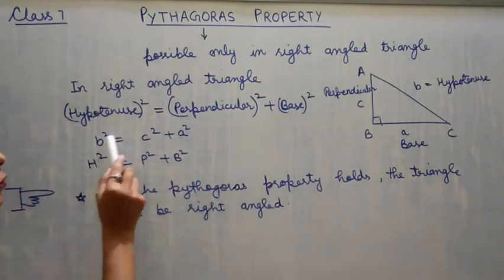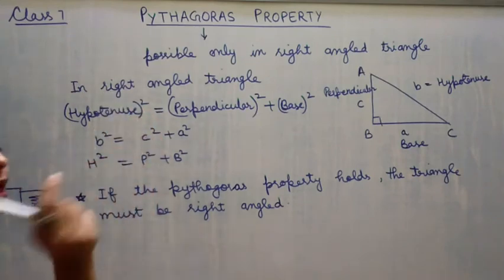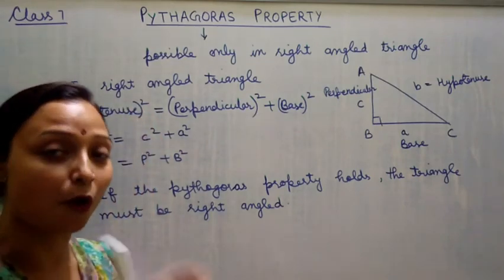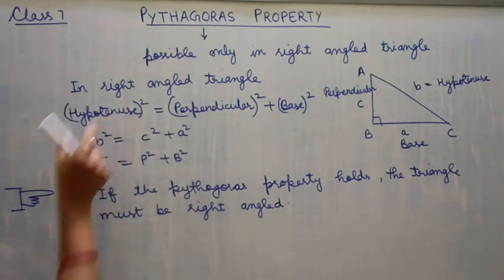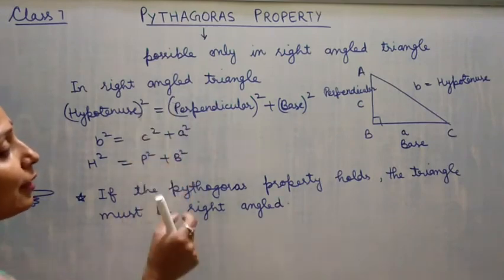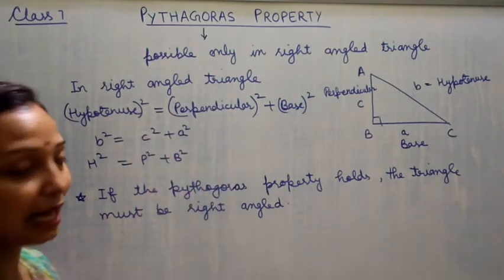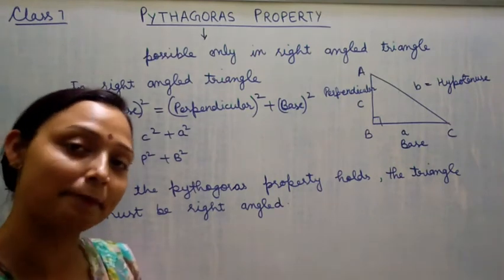That means b square is equal to c square plus a square. I will take a nickname, as you all have your nicknames: h is for hypotenuse, p is for perpendicular and b is for base. I will write HPB, hypotenuse, perpendicular and base.